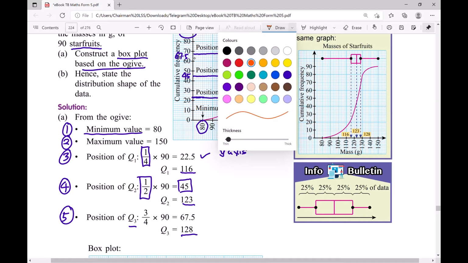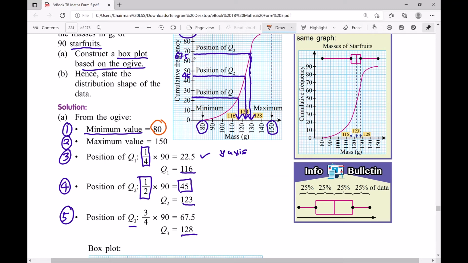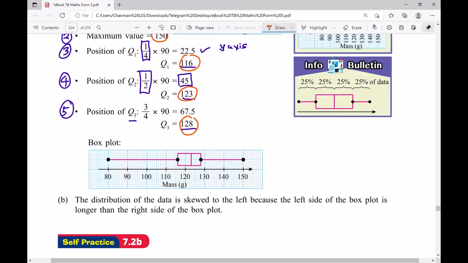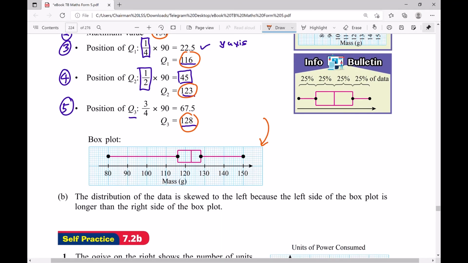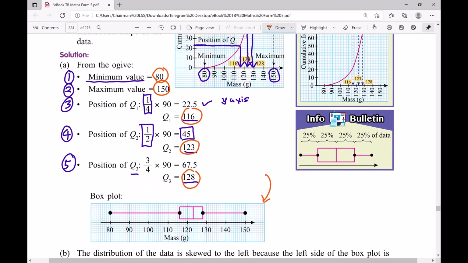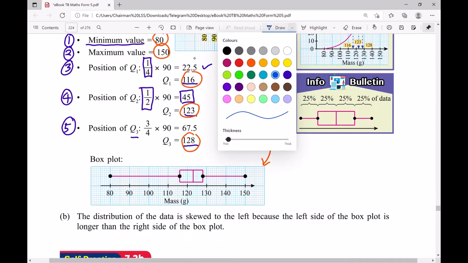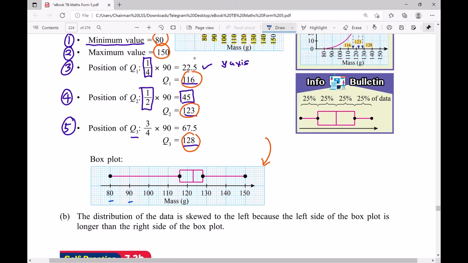When you have got all your 5 values, the minimum value, maximum value, first quartile, second quartile and third quartile, now you can draw your box plot. How to draw? You have to use graph paper, and you use the scale here, starting with 80, 90, 100, up to 150.